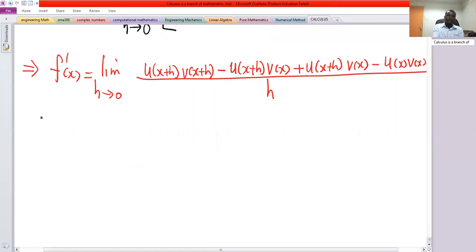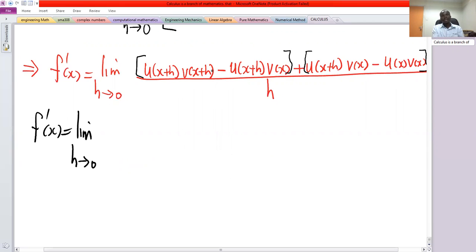So the next step, I'll have f prime of x equals the limit as h approaches 0. Now this, I take them as 1, and then these other 2, I take them as 1. So here, when you check clearly, this product and this product, u of x plus h is common.